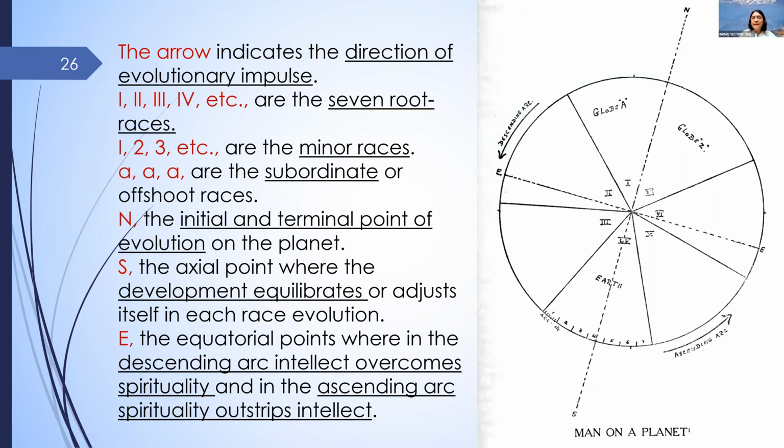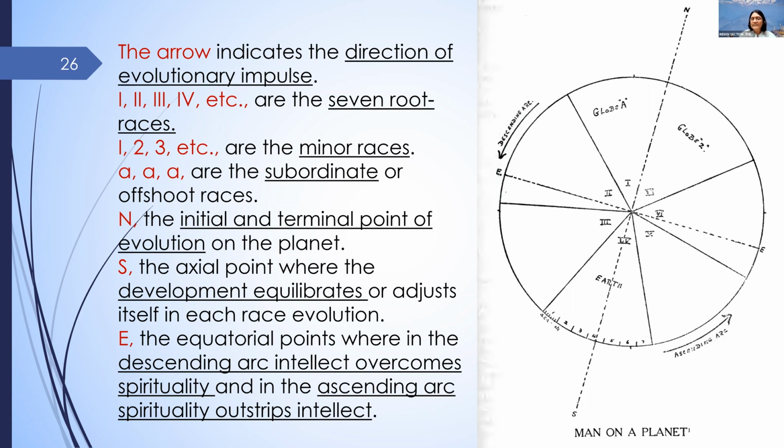So evolution will begin with globe A. Then as the descending arc continues, spirituality will be dominated by materiality. At point E, matter will start dominating over the spirit. Then reaching the lower axial point S, spirit and matter will equilibrate here.